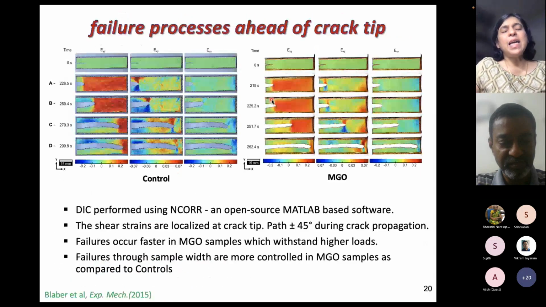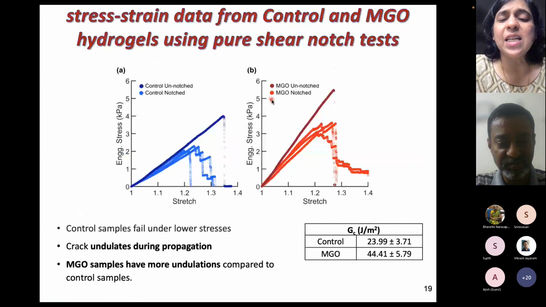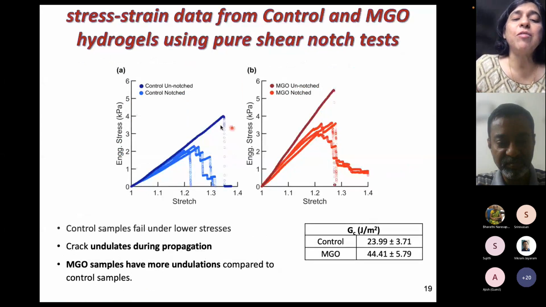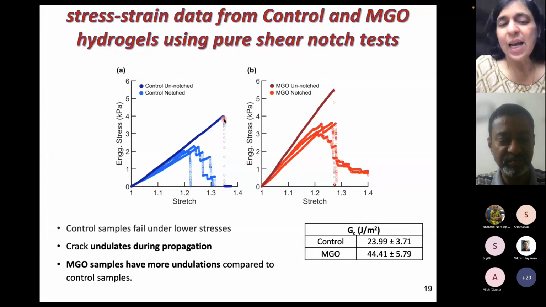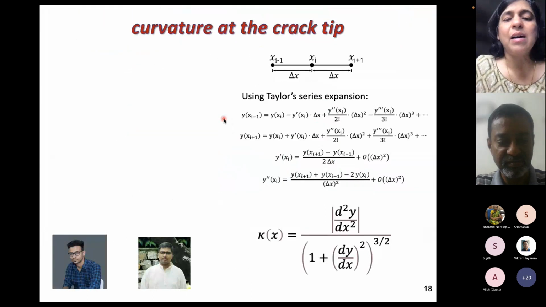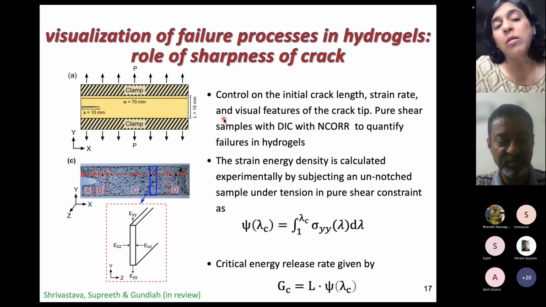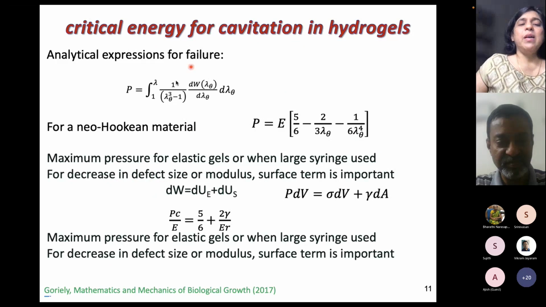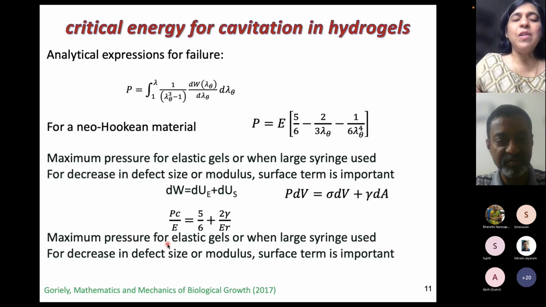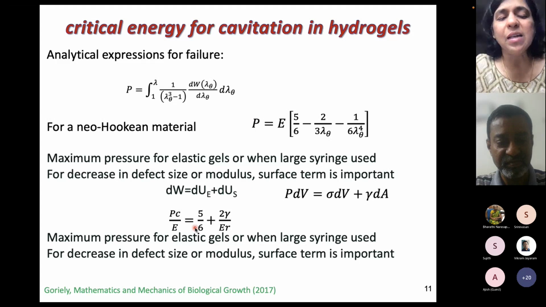So in the case of cavitation rheology, GC is determined primarily by this value of PC, which is the critical pressure at which the crack fails. And like I told you, we have to go closely hand in hand with experiments and analytical models. And here we are showing there are some problems with using these kinds of linear models to estimate failures.